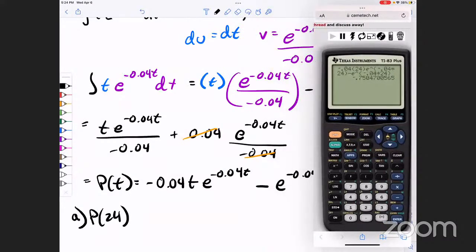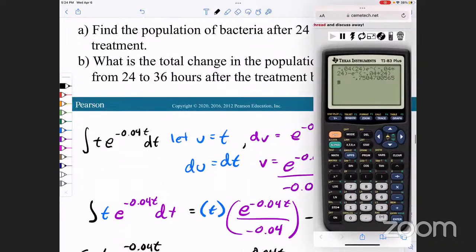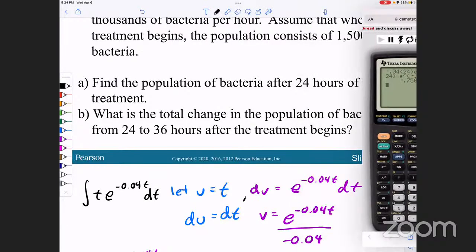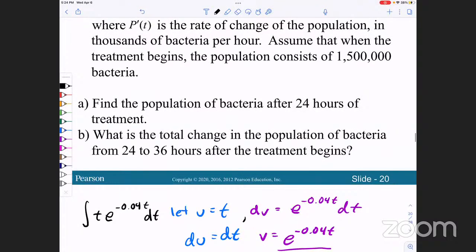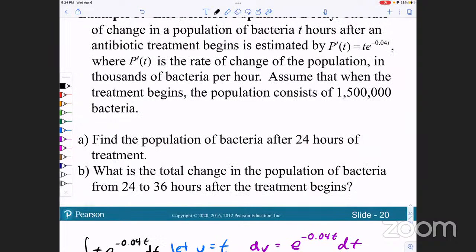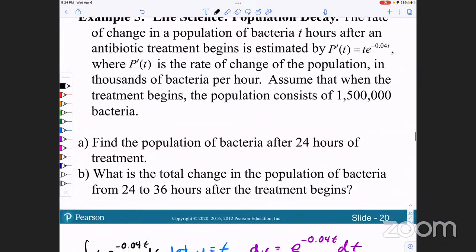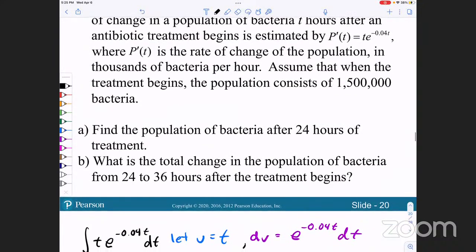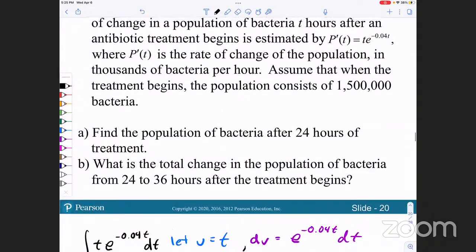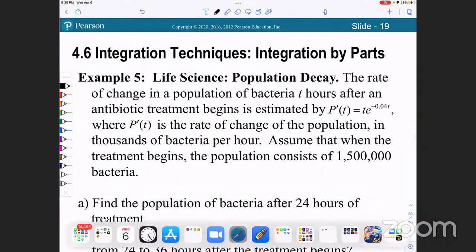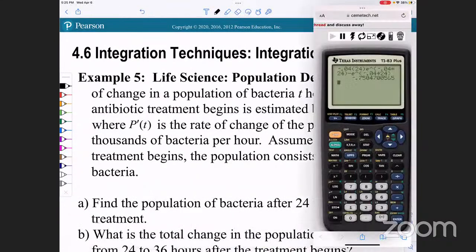I was a little bit leery about that. Let me see. Find the population after... Thousands of bacteria per hour. So if we started with 1.5 million and we're down, I think this just means that we're down. And these are in thousands, so we need to multiply this by 1,000, right?